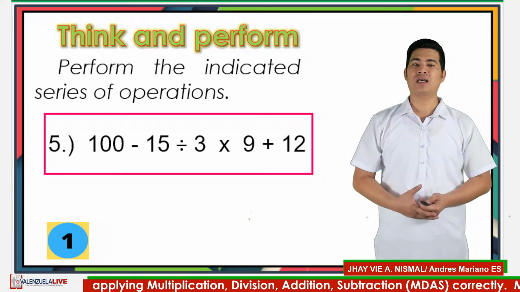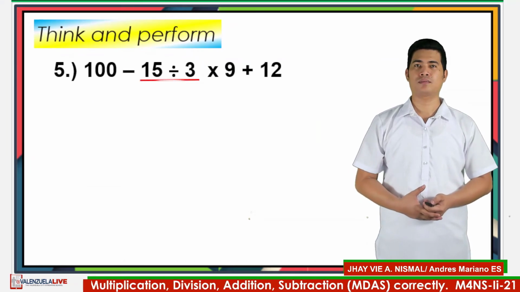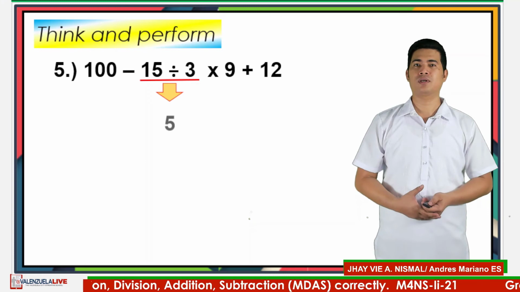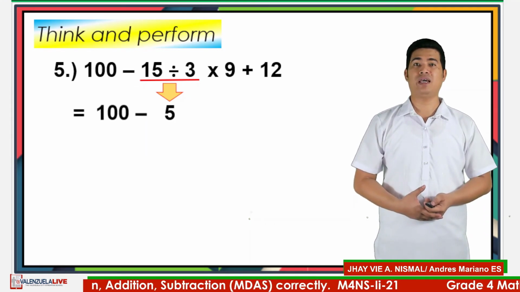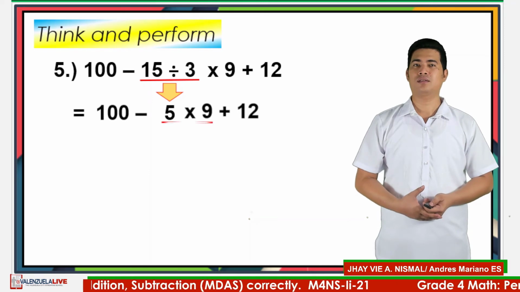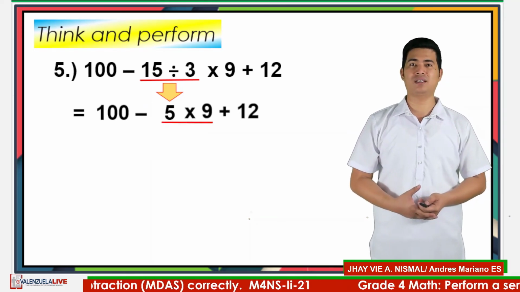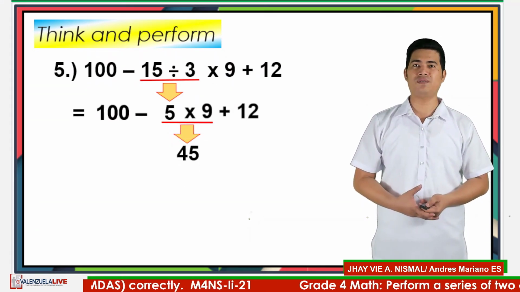Time's up. Let's find out the answer. 15 divided by 3 is equal to 5. Then bring down 100 minus sign times 9 plus 12. Then multiply 5 times 9. 5 times 9 is equal to 45.